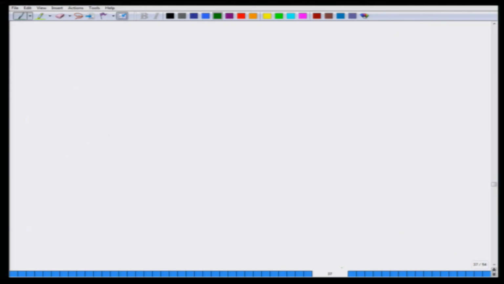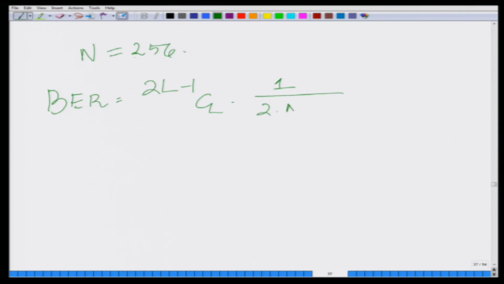Further, the code length n is equal to 256. Also, we have the bit error rate equal to 2L minus 1 choose L, 1 over 2 n SNR raised to the power of L.